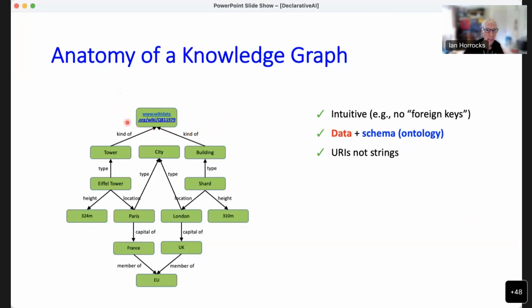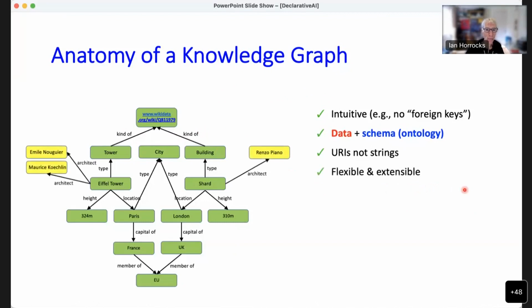For example, instead of architectural structure, I can use this Wikidata URI for architectural structure, which makes the knowledge that I have in the graph more shareable, more easily integrated with other knowledge, and I can even use this URI to go off to Wikidata and grab a bunch of additional information about architectural structures.